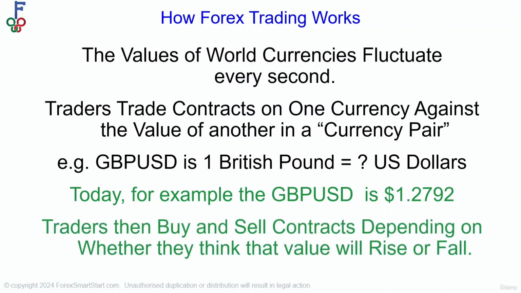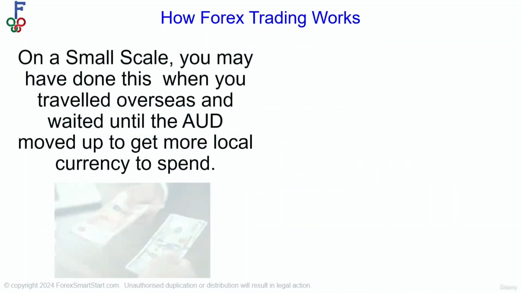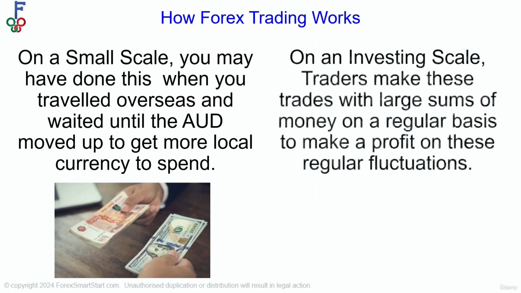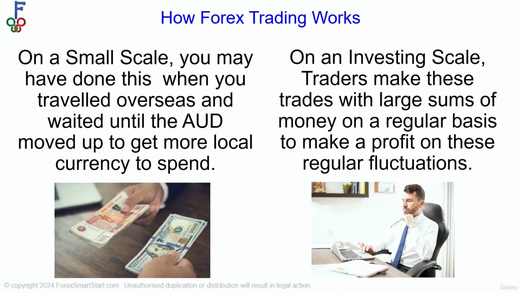Traders then buy and sell contracts depending on whether they think the value will rise or fall. On a small scale, you may have done this when you traveled overseas and waited till the AUD moved up to get more local currency to spend. On an investing scale, traders make these trades with large sums of money on a regular basis to make profit on these regular fluctuations.